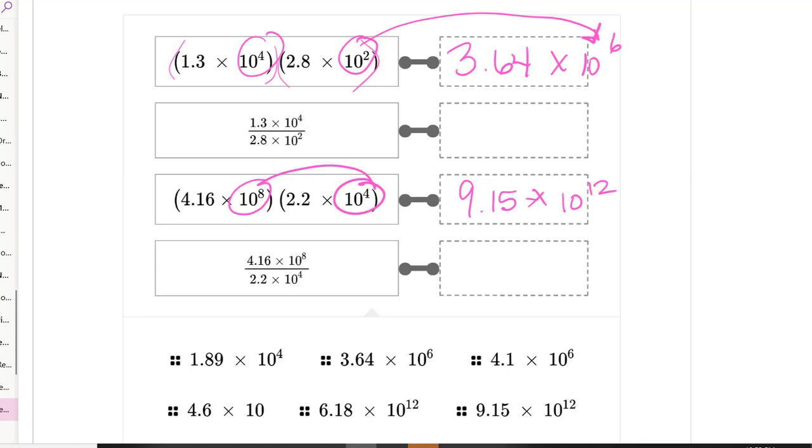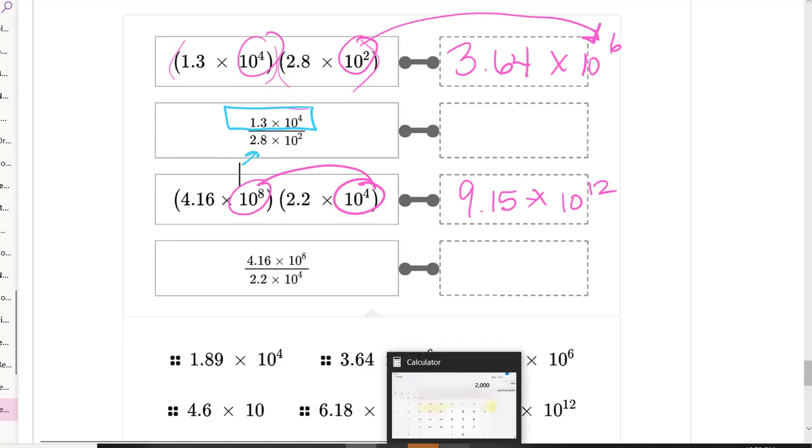Alright, now to do the divisions. 1.3 times 10 to the 4th divided by the 2.8 times 10 to the 2nd. Okay, sometimes we end up with a number that is not in scientific notation already.